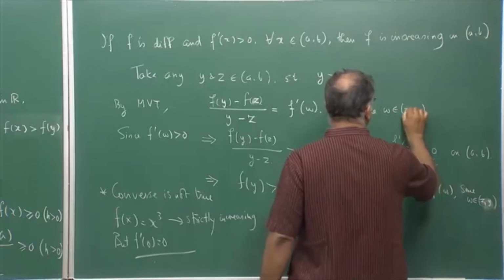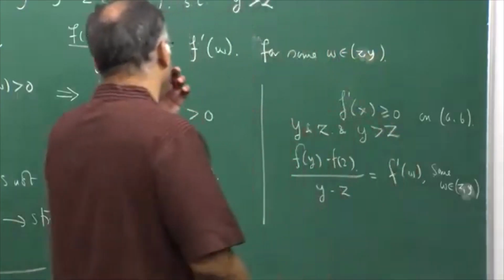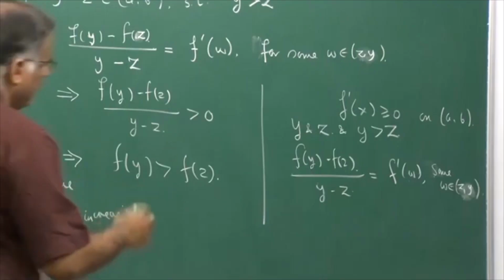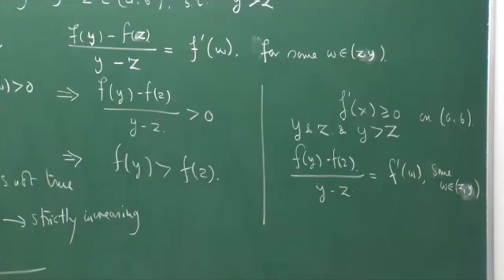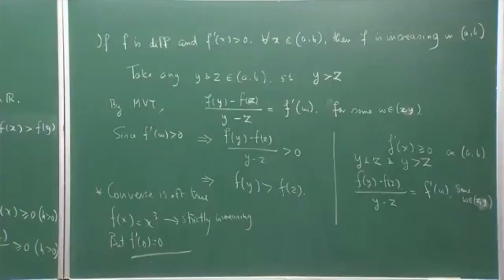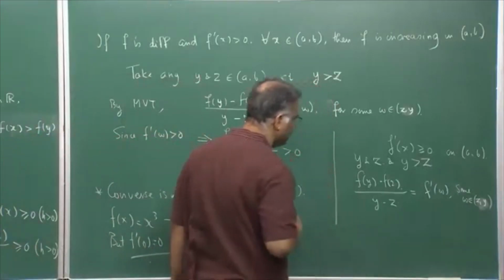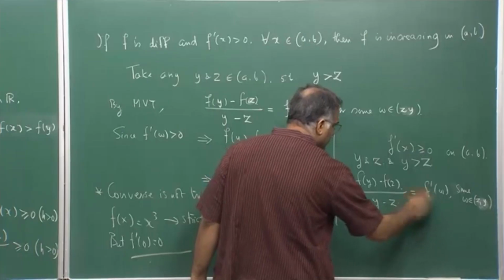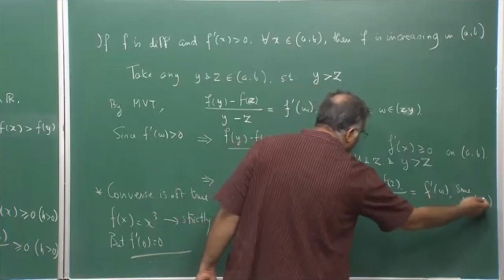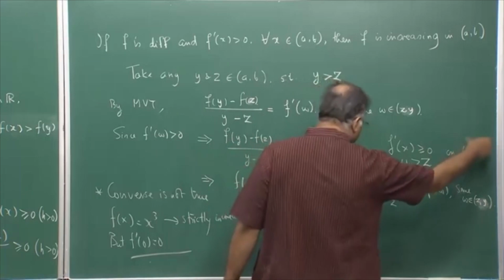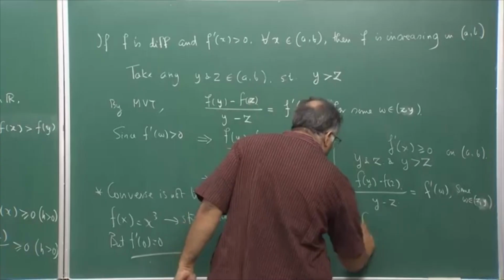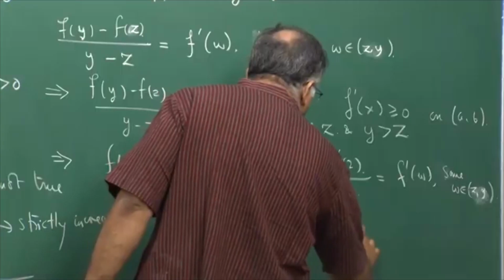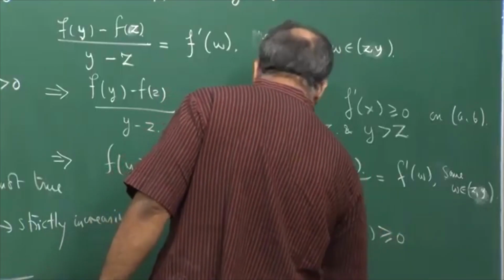Here it should be z y because z is lesser than y, so z should be on the left and y on the right. Sorry, I am writing fast, so when I write fast I sometimes slip. That is human. Mathematics, by the way, is a human endeavor, something that we need to remember. So now this is greater than or equal to 0. This is true for any w in z y, and z y is inside the interval a b. So f y minus f z is greater than or equal to 0, which proves that it is non-decreasing.